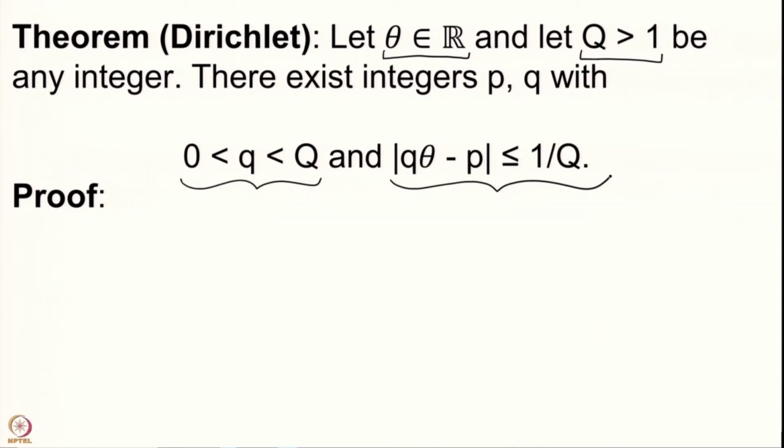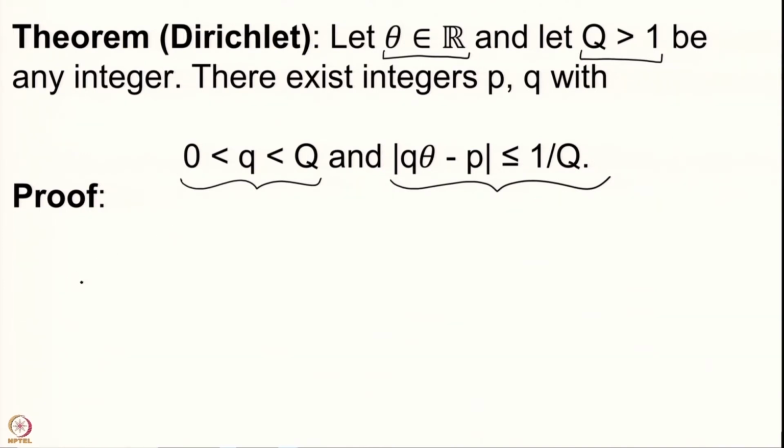So, we want to say that there are these numbers p by q with the property that the denominator q, I am calling q as the denominator, and the reason for that will be clear very soon. So, this denominator is a positive quantity which is strictly between 0 and capital Q, and moreover mod q theta minus p is less than or equal to 1 upon capital Q, the integer we started with.